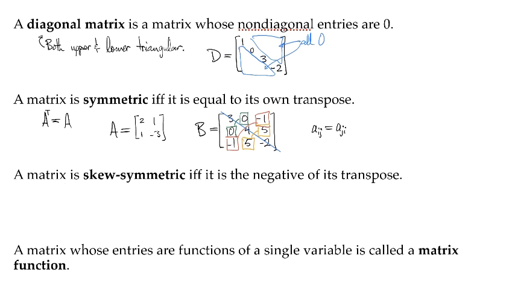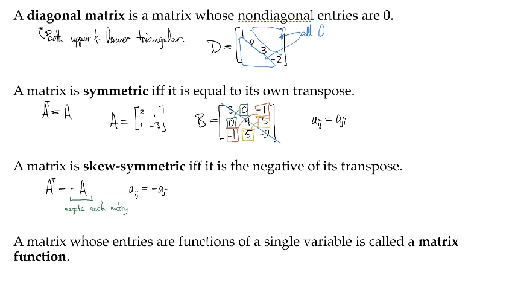Then we say that a matrix is skew symmetric if A transpose is equal to minus A. And minus A means that I take the negative of each entry. So this means that a_ij should be equal to minus a_ji.